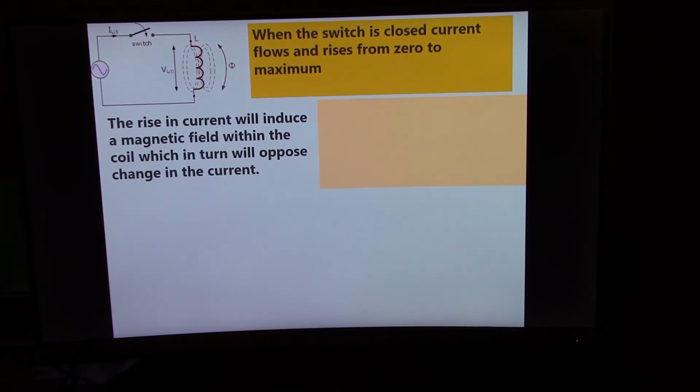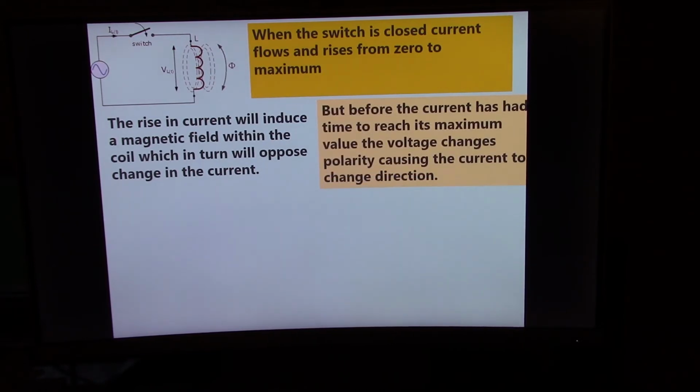And what that does is it induces a voltage which will be opposite in the direction of the flow of current. So before it reaches its maximum, the voltage changes in polarity in an AC signal.